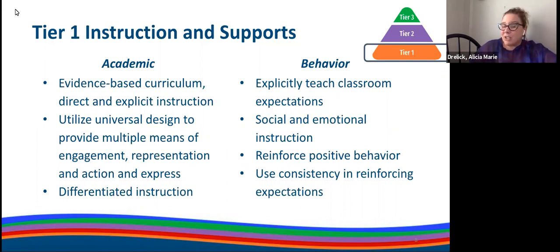Further within our academic instruction, we want to apply differentiated instruction as needed during the learning process. When we're looking at supporting behavior, we want to ensure that we are explicitly teaching classroom expectations, embedding social and emotional learning opportunities, and using positive reinforcement to encourage desired behavior.